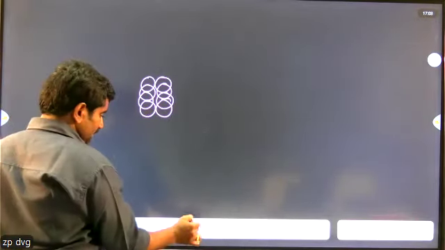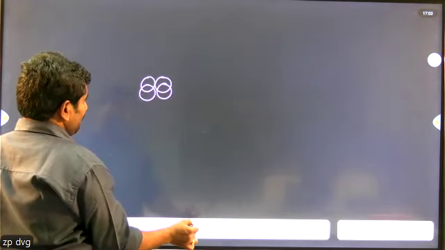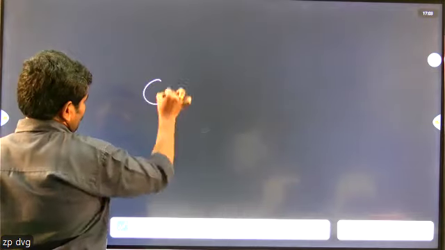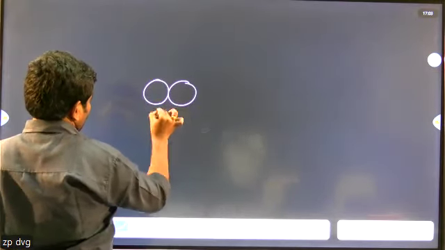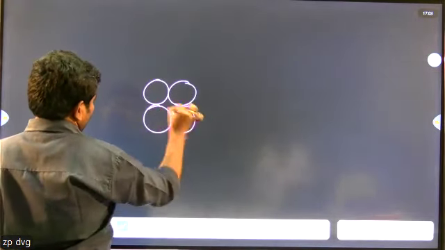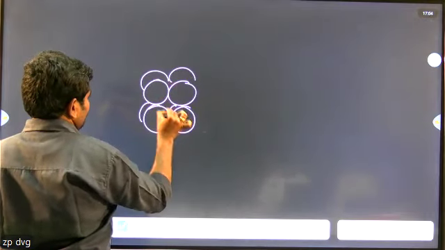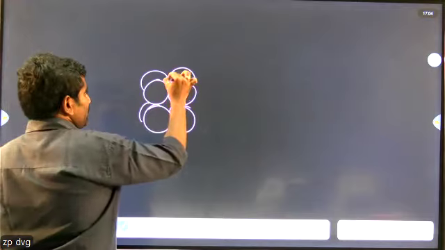Totally, how many proteins are there? 8 histone proteins. DNA is wrapped around this: one histone protein, 2, 3, and 4, and on the back side another 4 will be there like this. So totally how many histone proteins will be there?